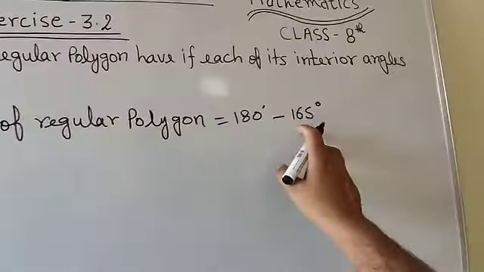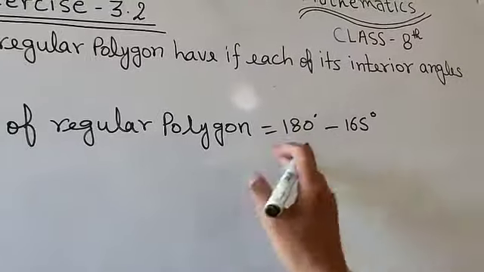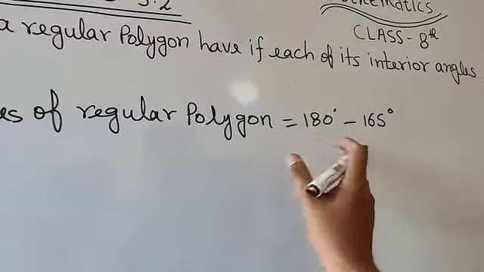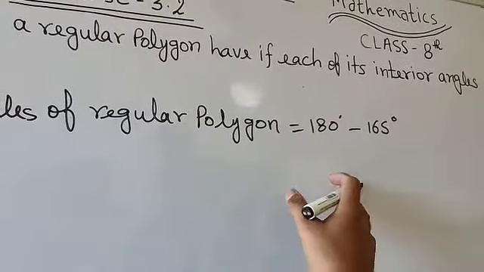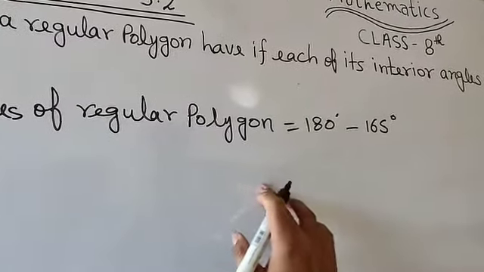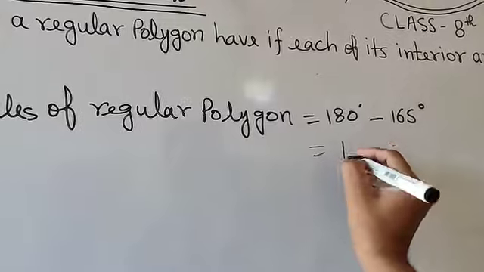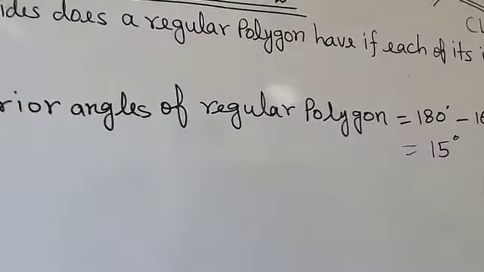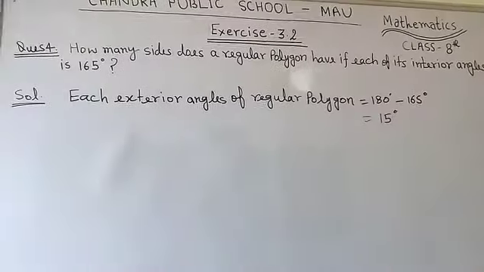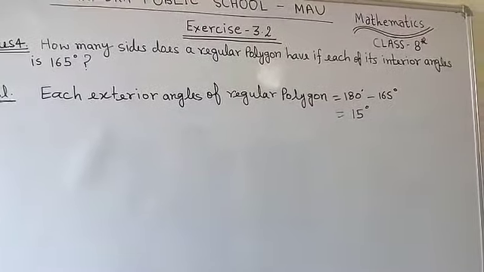Students, why I subtract 165 from 180, I had explained. The sum of the interior and exterior angle is equal to 180 degrees, because they form a straight line. So 180 minus 165 is equal to 15 degrees. So here I got that each exterior angle of the regular polygon is 15 degrees.